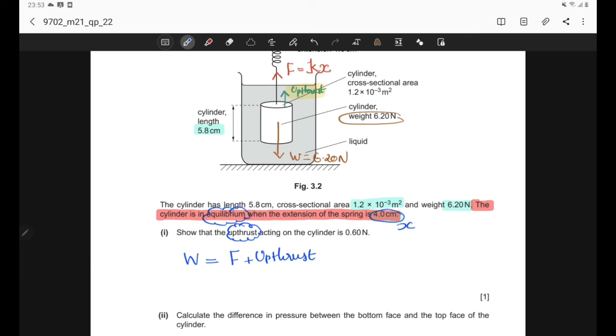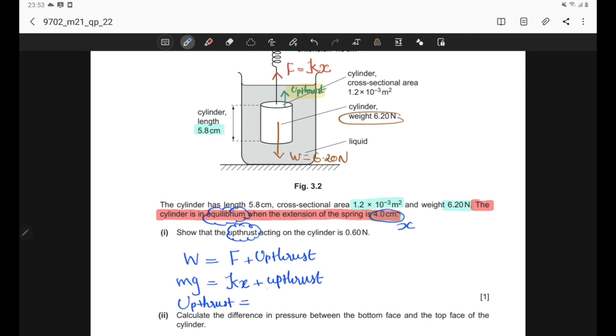So here weight of the cylinder is mg and force on the spring is kx. Using Hooke's law, we can write force on the spring is equal to spring constant times extension plus upthrust. In order to calculate upthrust, we can make upthrust as the subject.